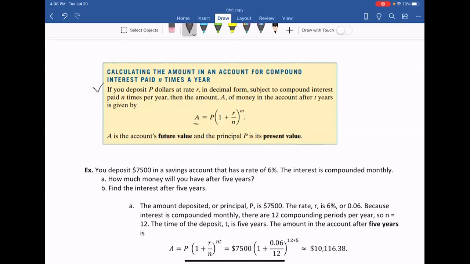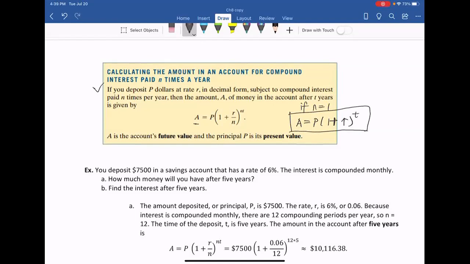So you should memorize this. And look, if n equals 1, A equals P times 1 plus R, because R over 1 is R, to the t power. Do you think it's very familiar to you?